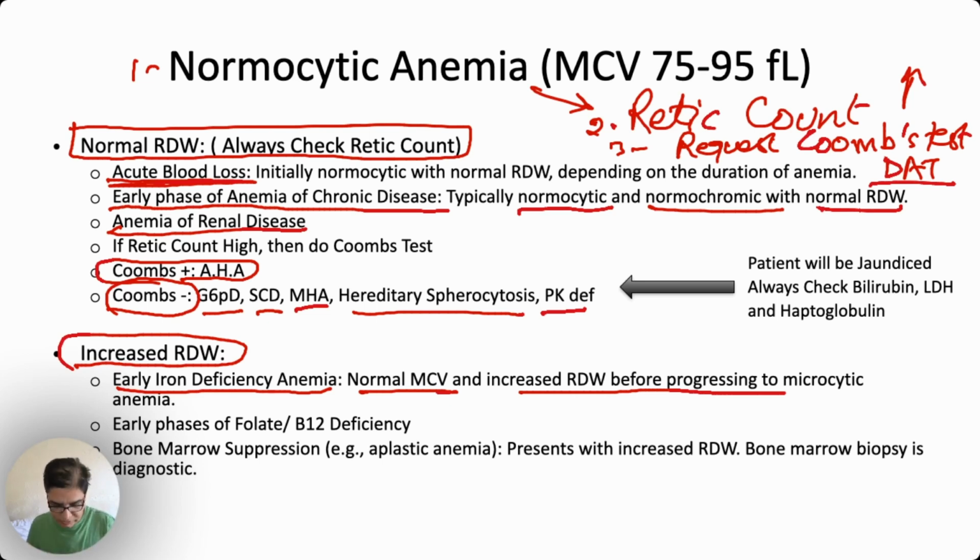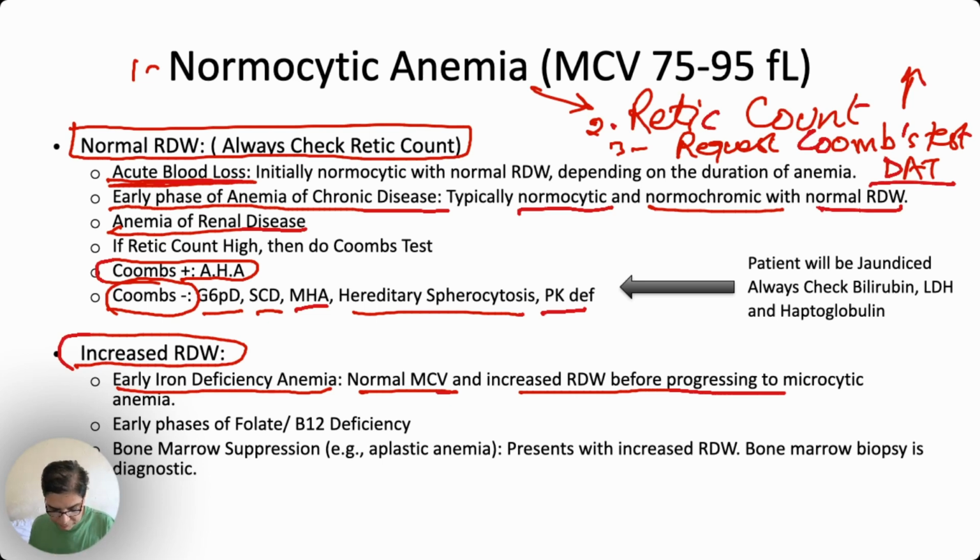In the initial stages of both anemia of chronic disease and iron deficiency anemia, you will be getting normocytic anemia. The one thing that differentiates the two is that in the early phases of anemia of chronic disease, the red cell distribution width would be normal, while even in early iron deficiency anemia, the red cell distribution width would be high.